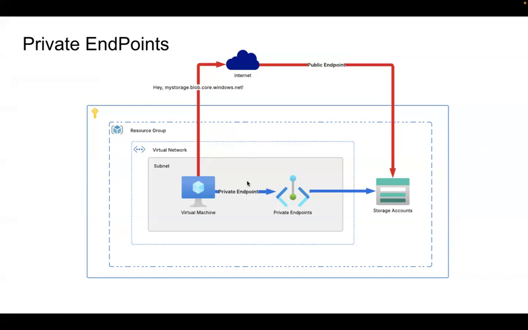So that NIC card is part of this subnet. Similarly, this private endpoint is also a kind of NIC card, so that is also part of the subnet. The only difference is that the NIC card of the virtual machine is attached to the VM, and the private endpoint is attached to the storage account.